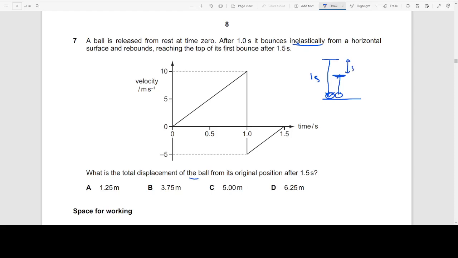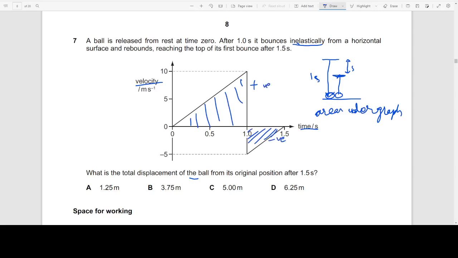Since we have been given a velocity versus time graph, we can simply use calculus, and we just have to find the area under the graph to calculate displacement. But remember guys, the part above the x-axis is positive displacement, and the area under the x-axis is negative displacement.